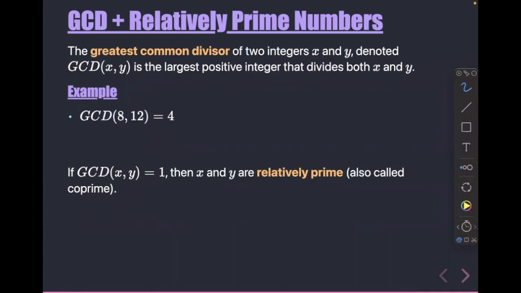The largest number that goes into both 8 and 12 is 4, so the GCD of 8 and 12 is 4. The GCD of 3 and 6 is 3, because 3 goes into 3 and 3 goes into 6. And the GCD of 4 and 7, there's no number that divides both 4 and 7 other than 1, so their GCD is 1.